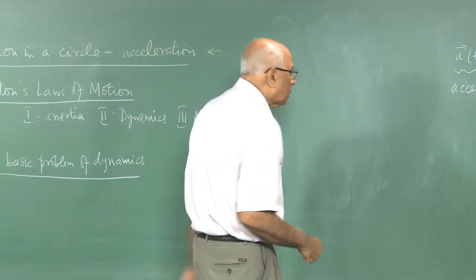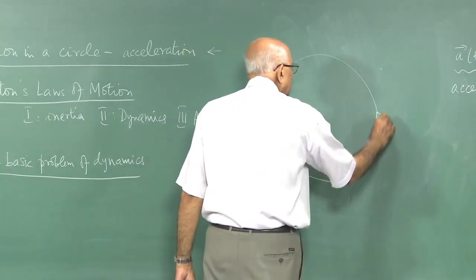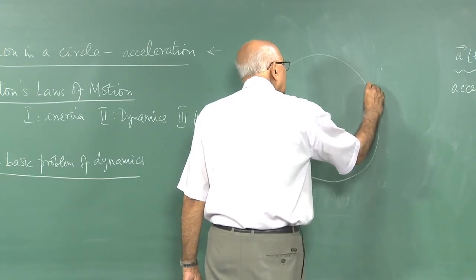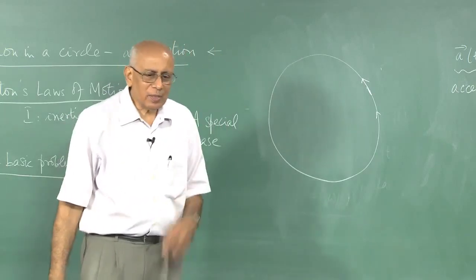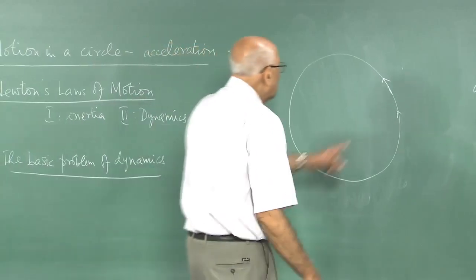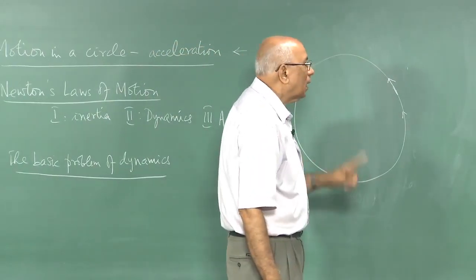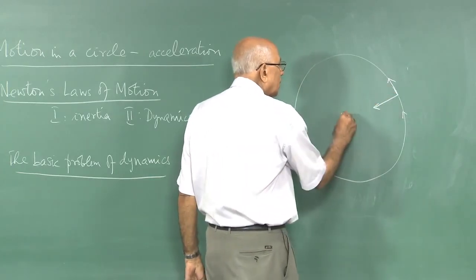Here is a little paradox. Imagine having a train moving on a circular track in this fashion. At any time, here is the train, it is clear that the engine is pulling it in a tangential direction. How then does this train move on a circular track? Because it should really be moving along this tangent in a straight line, but it moves in a curved path. There has to be a force on the train which is directed towards the center at all times.